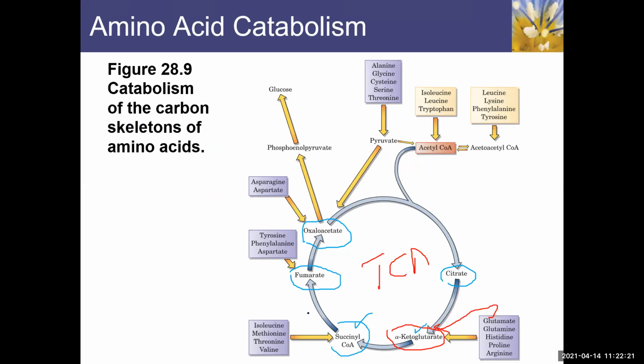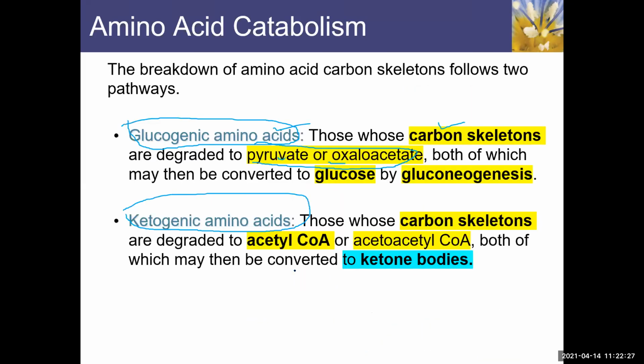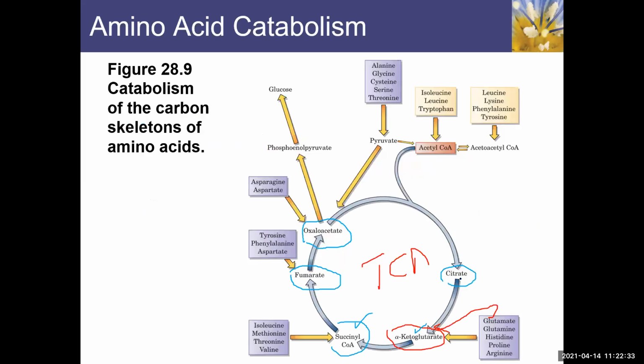So they can be a source of any of these intermediates so that energy can be generated. So they can be converted into glucose by gluconeogenesis, as you can see over here. Here we produce the glucose after this.